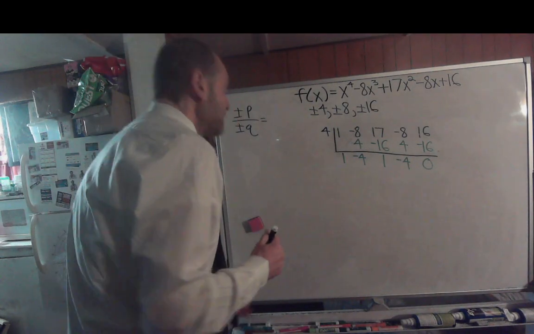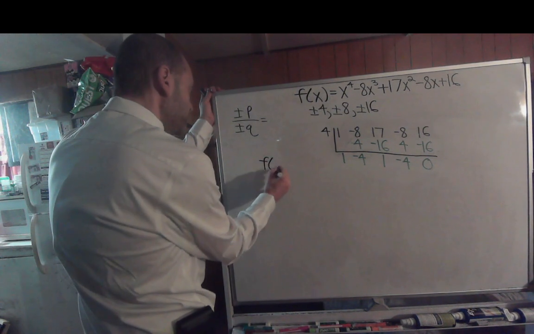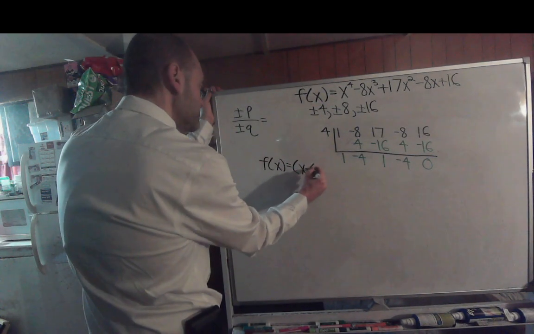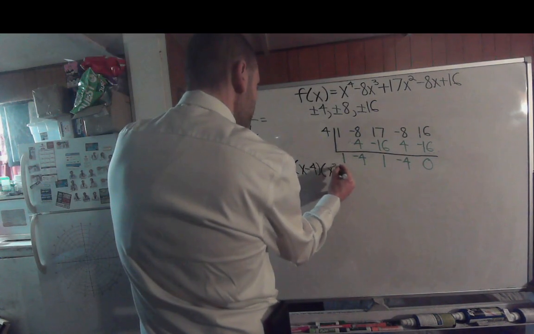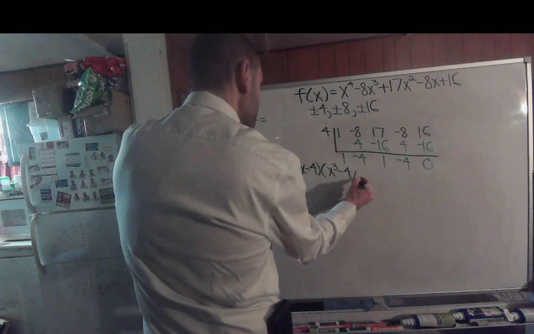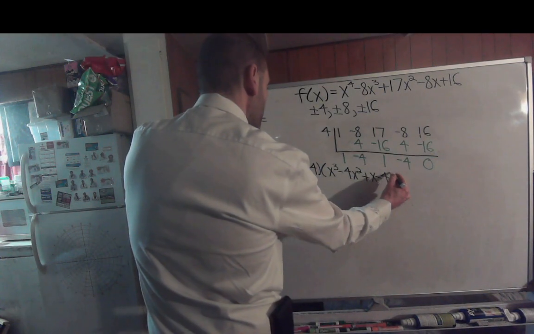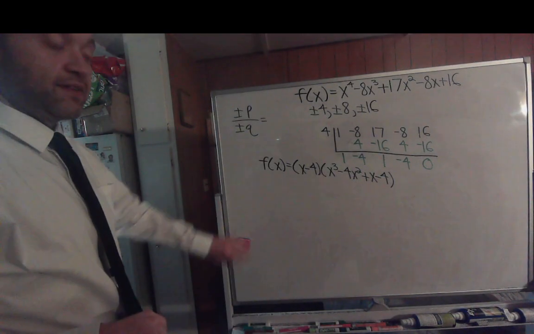So let's write out the linear factorization we have so far. We have f of x would equal the quantity of x minus 4 times x to the third minus 4x squared plus x minus 4. Well, definitely have some good news here.